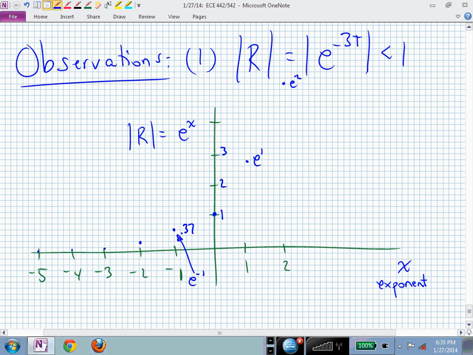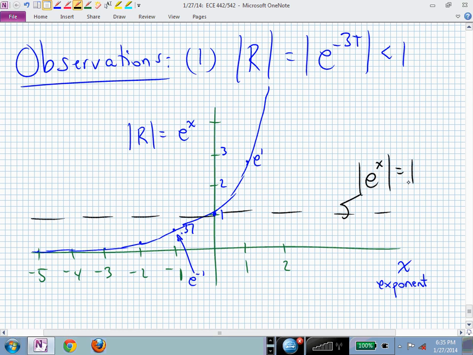And what have we done? That's supposed to go up really fast, so I'll erase it. Do you see what happens when we transition and get a negative exponent? This is when e to the x is equal to 1, isn't it?